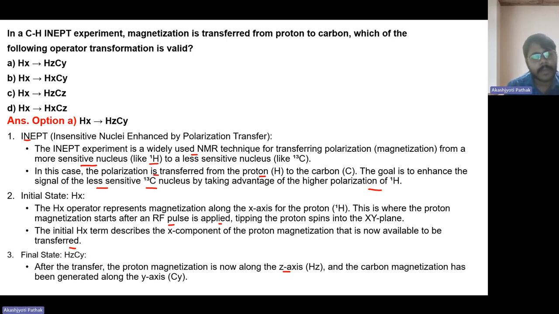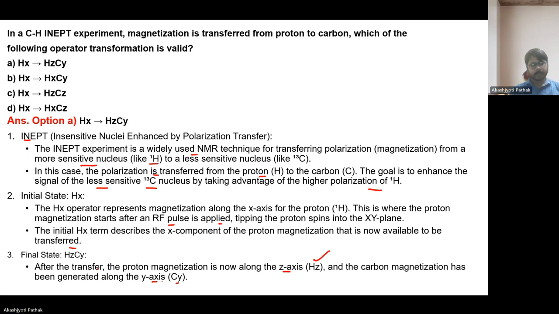After the transfer, the proton magnetization is now along the z-axis, so the operator symbol I will be using is HZ. And the carbon magnetization has been generated along the y-axis, CY.